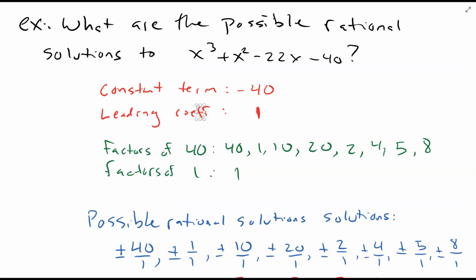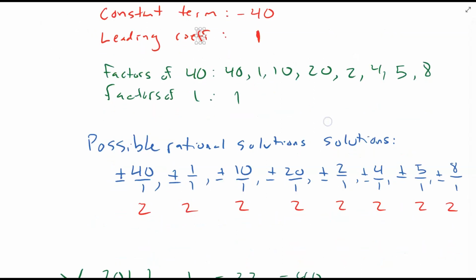So the ones in particular that I would be interested in would be negative 2, negative 4, and then positive 5. Any of those would be good choices to start with, rather than what we did was guessing randomly. Everybody okay with that idea?